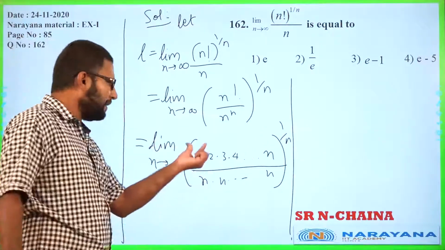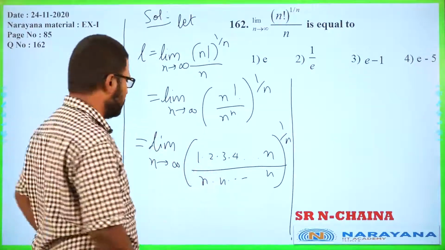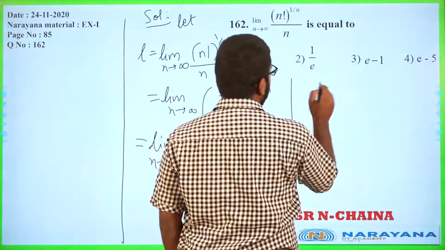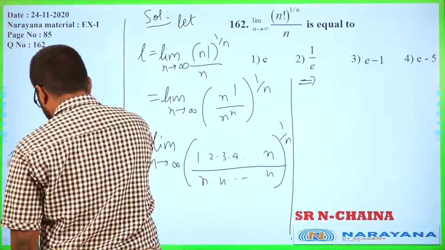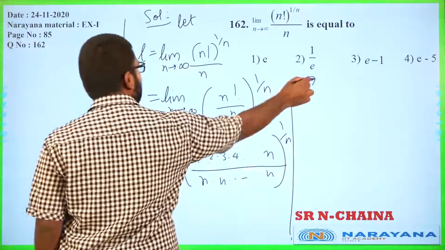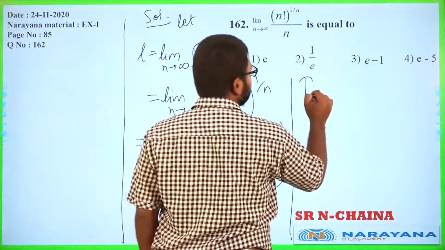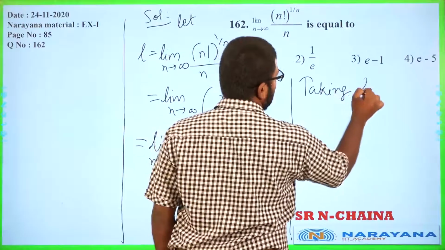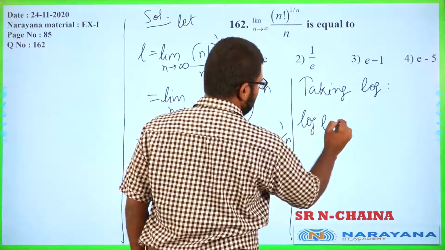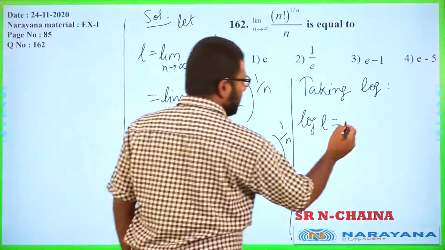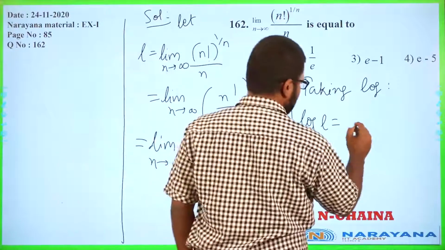Now, you have to realize that when I take log, each of these brackets, each of this 1 by n, 2 by n, 3 by n will make separate terms. So, we will say from this taking log, log L will be, let us take it one step at a time.